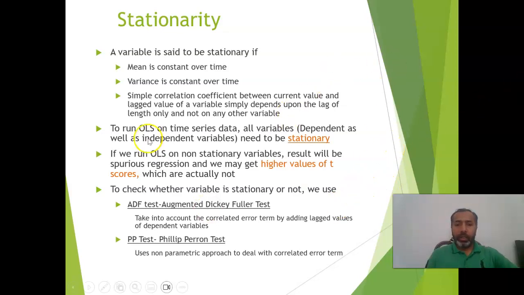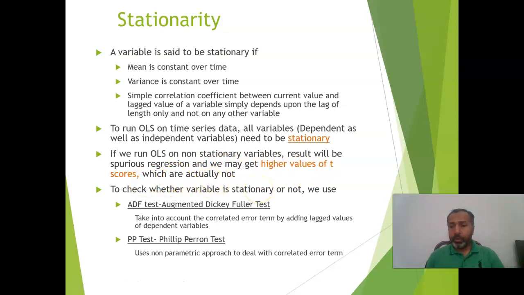To run OLS on time series data, all variables, including the dependent variable, need to be stationary. If variables are non-stationary and we run OLS on non-stationary series, the results will be spurious regression, and the consequence is that we may get higher values of t-score which are actually not real.